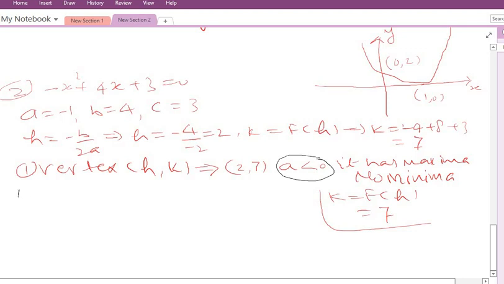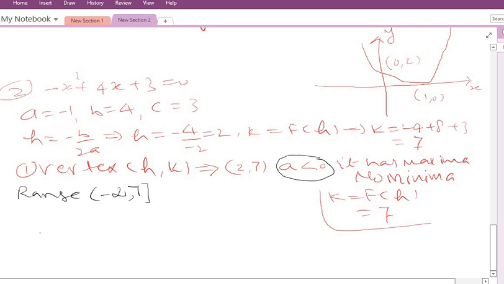Range is minus infinity to k, that means 7. Maxima or minima: maximum, this is k is equal to 7.